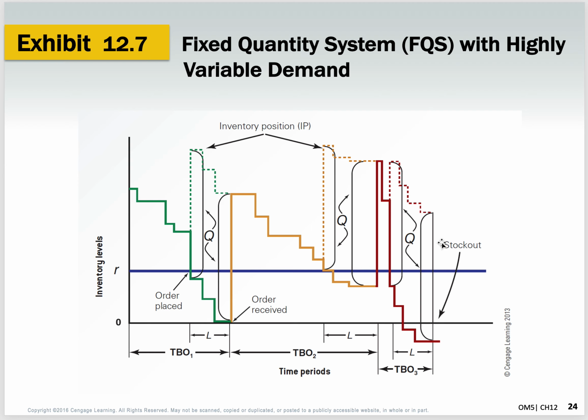When you have highly variable demand, you might get to your reorder point quickly. Sometimes it may take you longer. Sometimes it may go really quickly, but the fixed system kind of works if you design it properly.